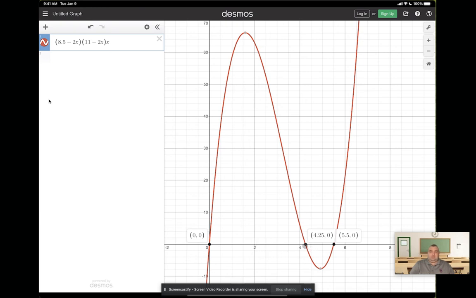If I were to pick this point and this point, these two would not work because the graph is negative between them. But if I were to pick this point and this point, we can see the graph is clearly entirely positive between them. So according to the notes, the reasonable domain would be between 0 and 4.25.